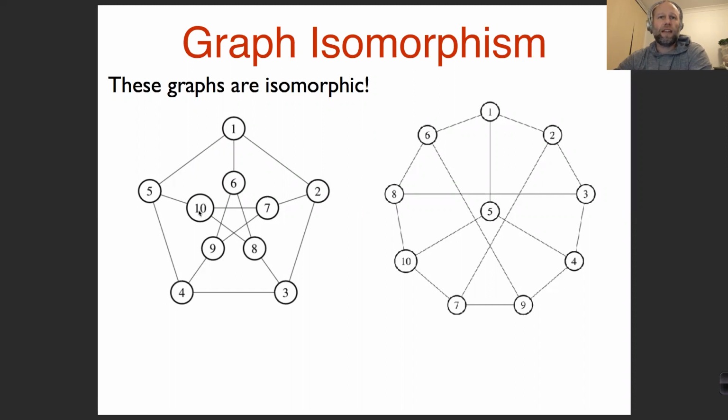Let's take, for example, 10 and 5, which are connected by an edge in the first graph. In the second graph, yes, 10 and 5 are also connected by an edge. Here, 9 and 6 are connected by an edge in the second graph, and in the first graph, 9 and 6 are also connected by an edge. You can go through and verify that for all the edges, an edge is present in the first graph if and only if it's present in the second graph.